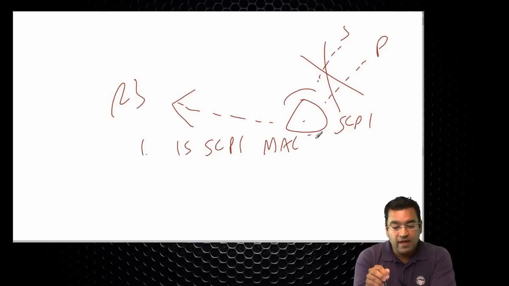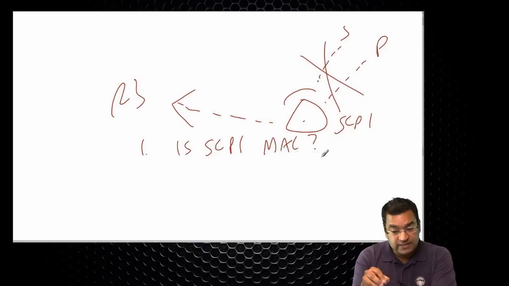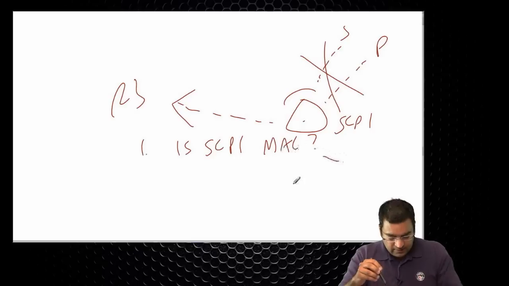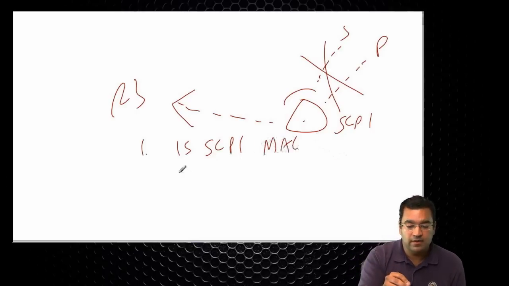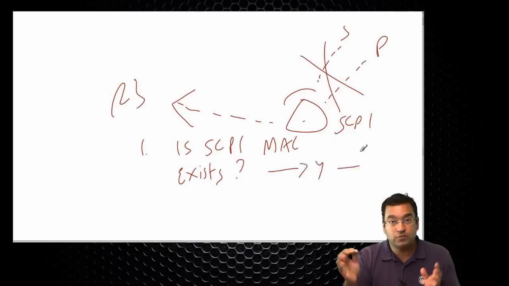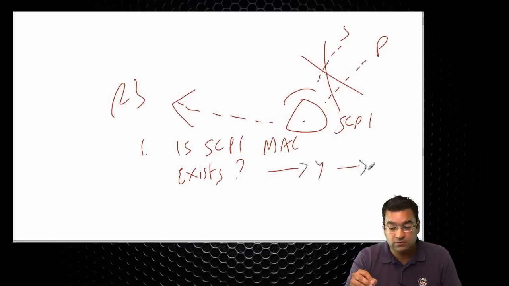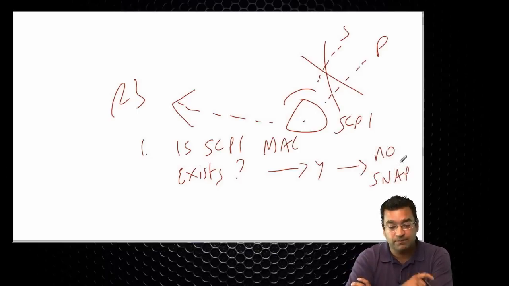If it's already there, let's not bother. Just carry on with the registration process. So the answer is Site C MAC. Let me just clarify that. If Site C MAC exists, if the answer is yes, we're done. Just go with a skinny registration that will take place. So I'm going to put no snap, no simple network auto provisioning.